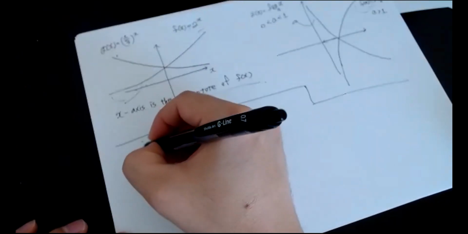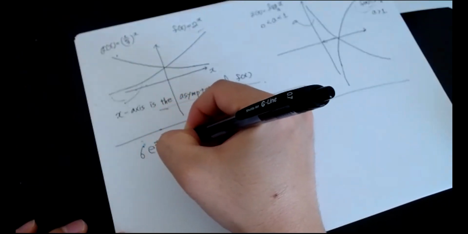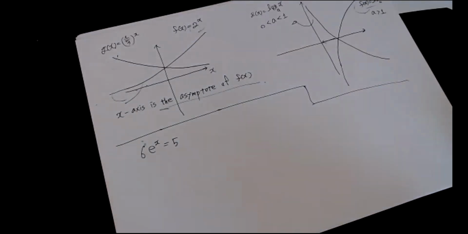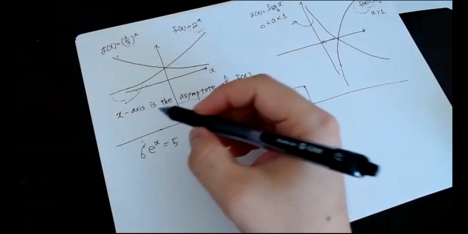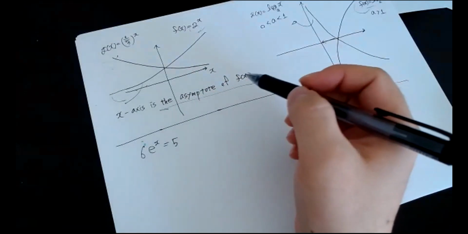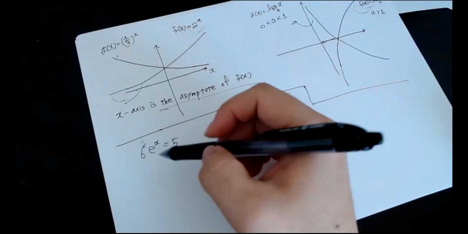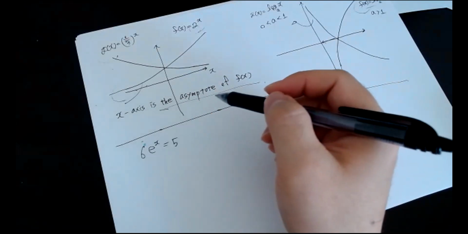So 6 times e to the x is equal to 5. Solving the equation means we isolate x, right? So how can I isolate x? We cannot isolate x right now because x is in the exponent. So somehow we have to pull it down out of the exponent position.